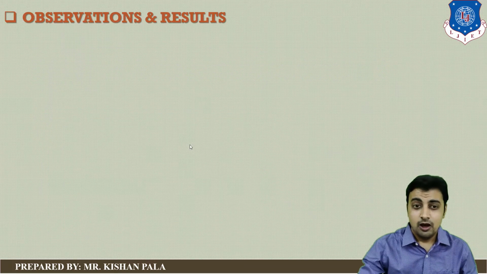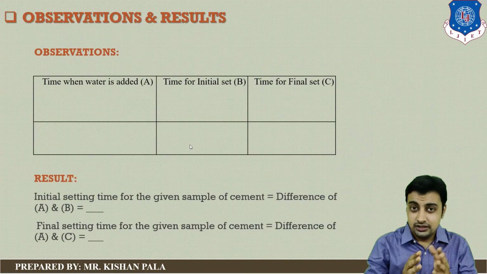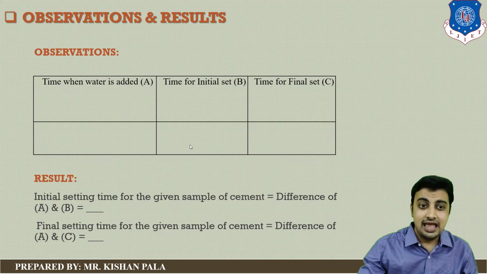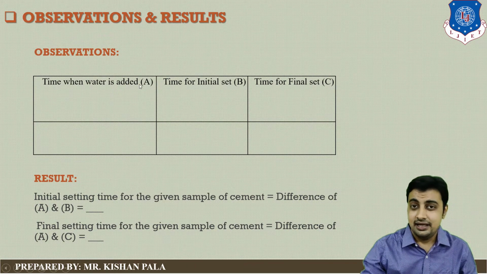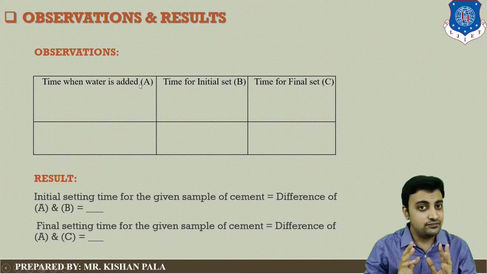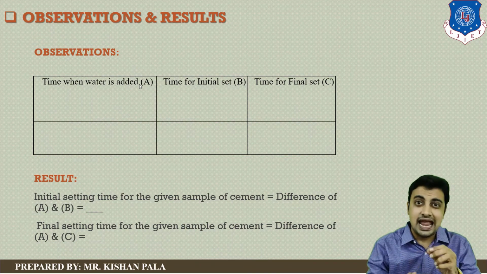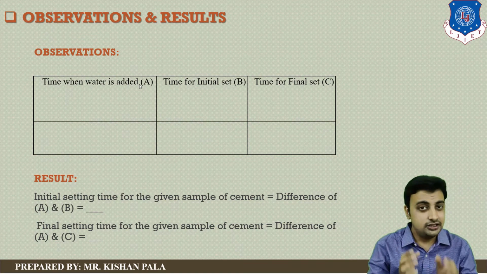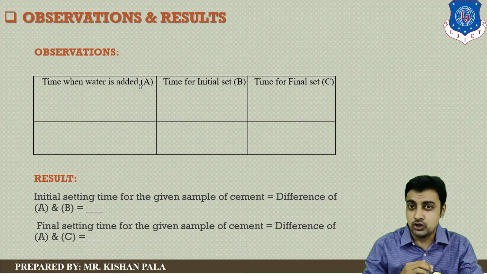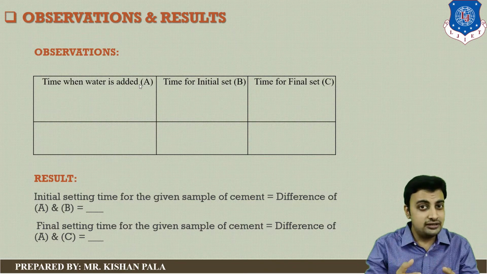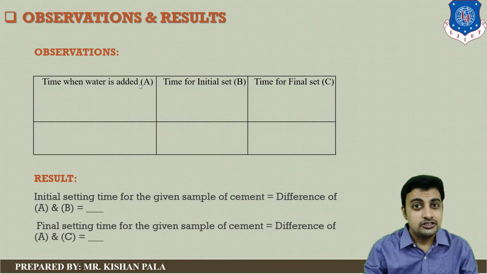Now, observation and result. Here the table shows the time when the water is added, the initial setting time and the final setting time. Both timings will be measured from when the water is added to the cement mass. In both tests, you have to start your stopwatch when you add the water mass to your cement paste.